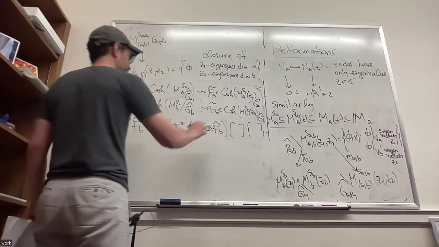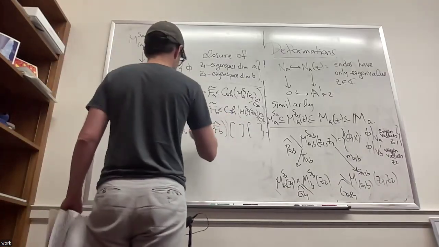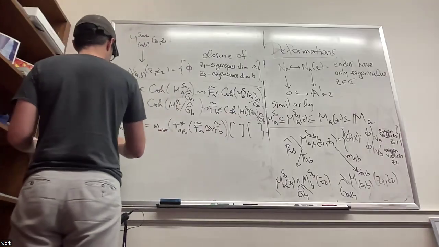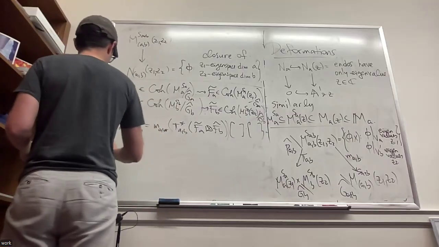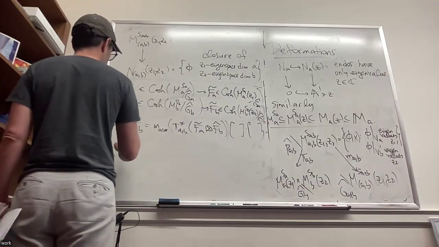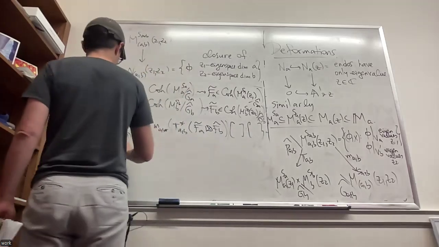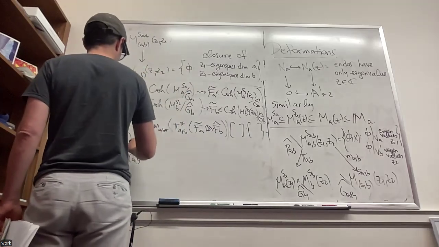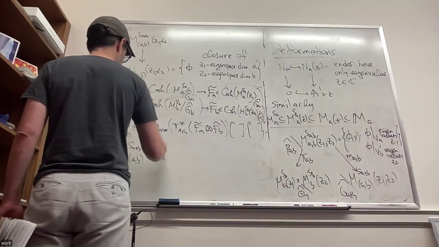So what's the key fact about these? So these now live on, this guy lives on, is a coherent object on one of these guys, M_{A+B} S_{A+B} Z1 Z2.